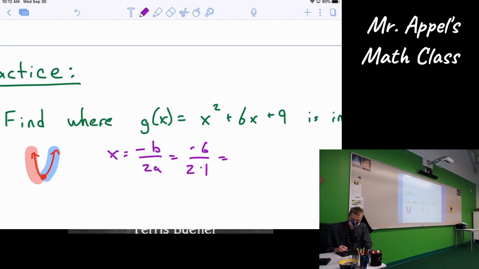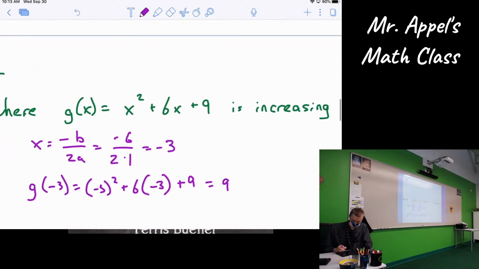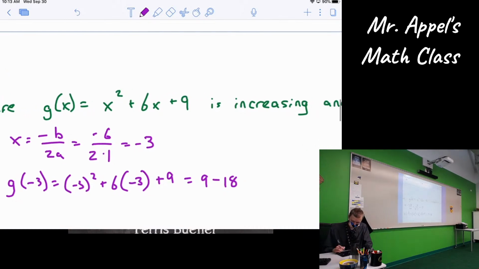So we have negative 6 divided by 2, negative 3. Put that into the function. G of negative 3 is negative 3 squared plus 6 times negative 3 plus 9. Gives us negative 3 squared is 9. 3 times 6 is 18, negative 18 plus 9. Oh, hey, that's a 0. Look at that.